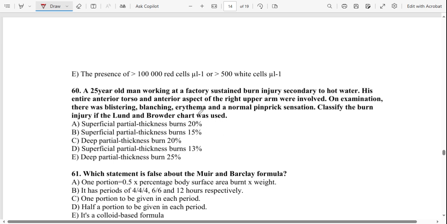Now, for this kind of question, the first thing is we have been told about the features of this burn: blistering, blanching, erythema, and normal pinprick sensation. When classifying burns according to the depth of injury, we classify them into first degree, second degree, third degree, and fourth degree.